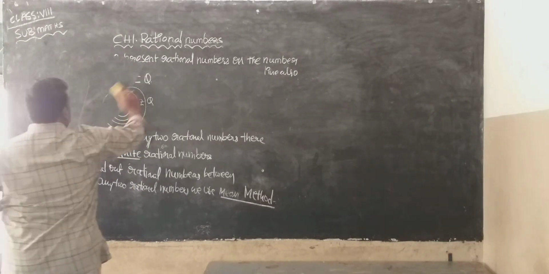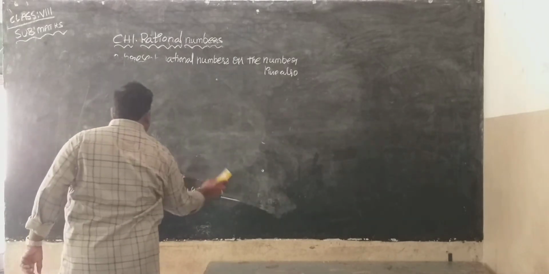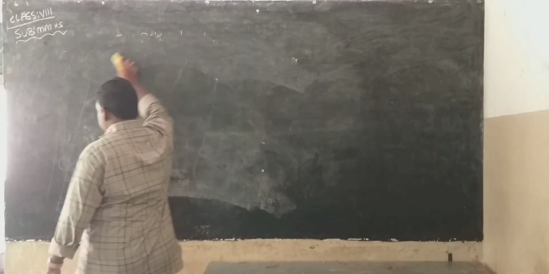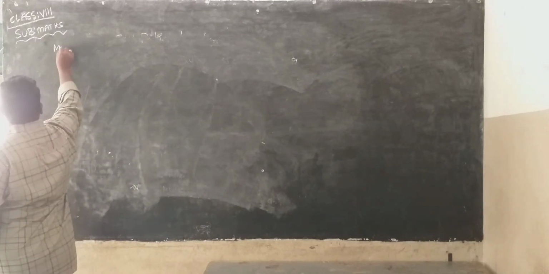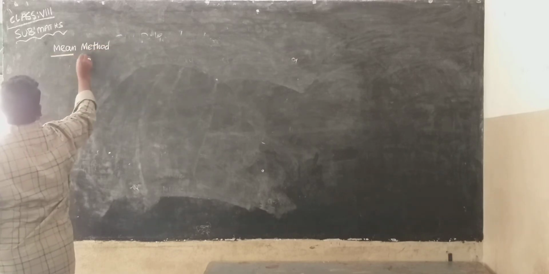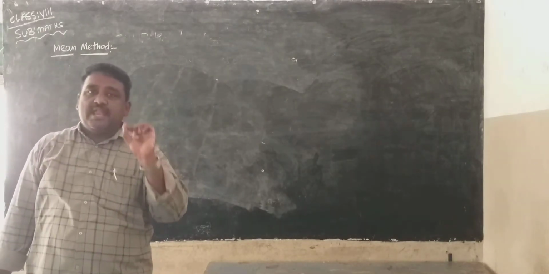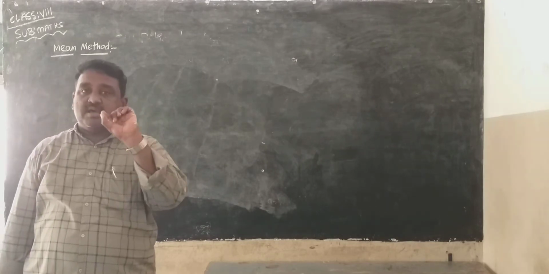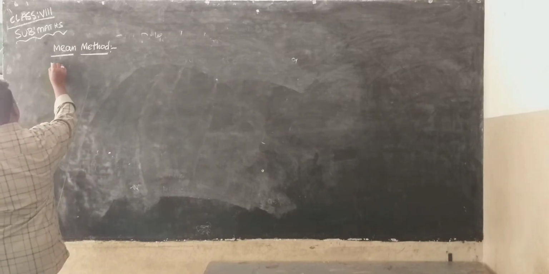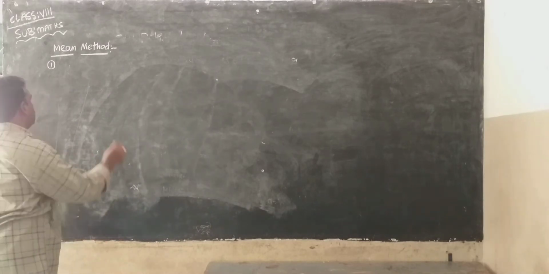And the last topic under the rational numbers topic: the mean method. What is the mean method? I told you just now. What is the use of the mean method? To find rational numbers between any two rational numbers, we use the mean method. Remember. Okay, that is the use. What is the mean method? I am writing.